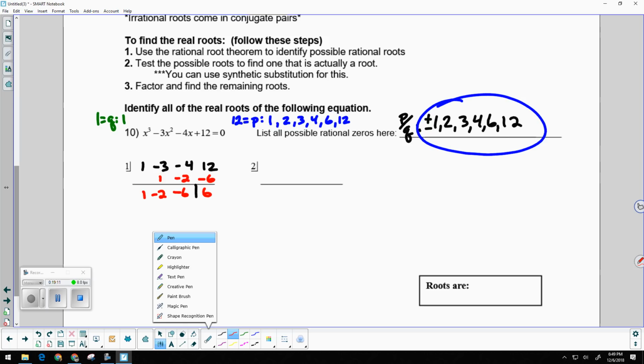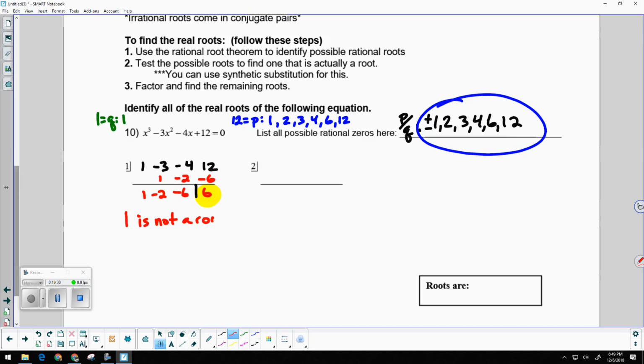Now, what this number tells us is that 1 is not a root. That number has to be 0 in order for it to be a root. So 1 is not a root. If this happens, then you've got to pick another number and use synthetic substitution again.